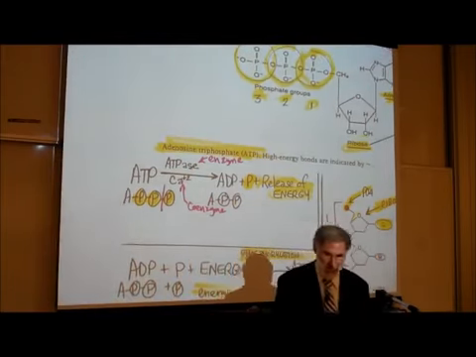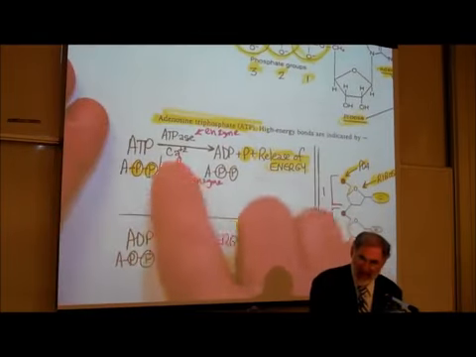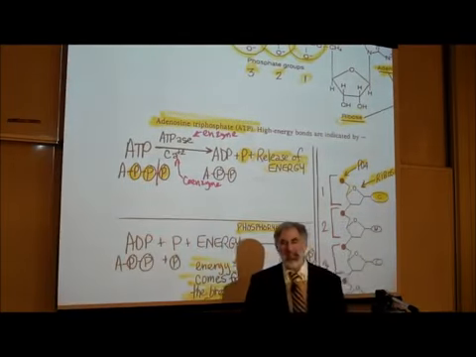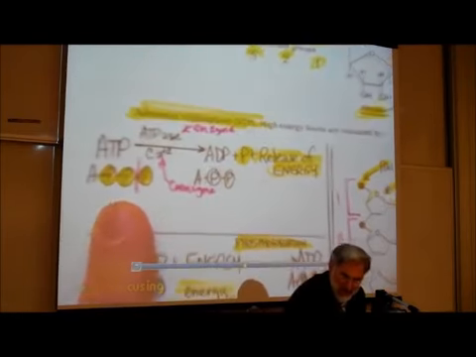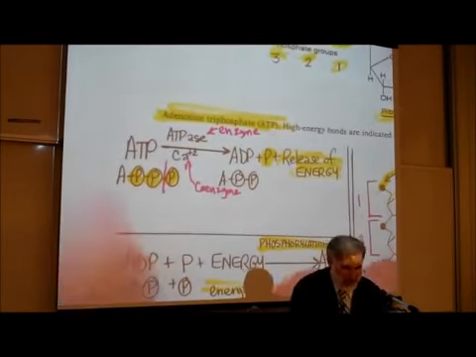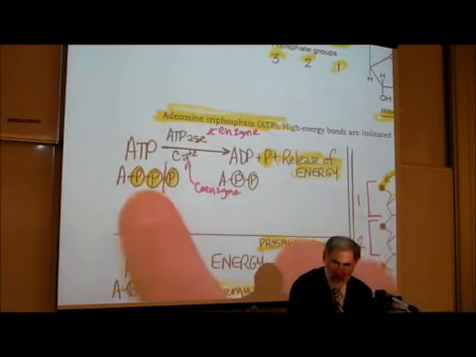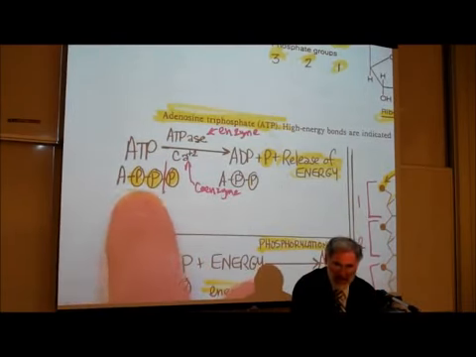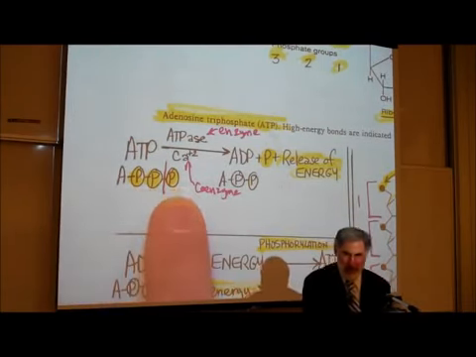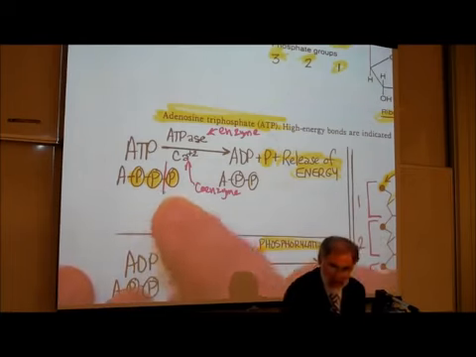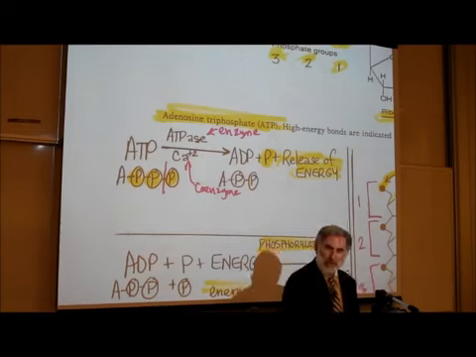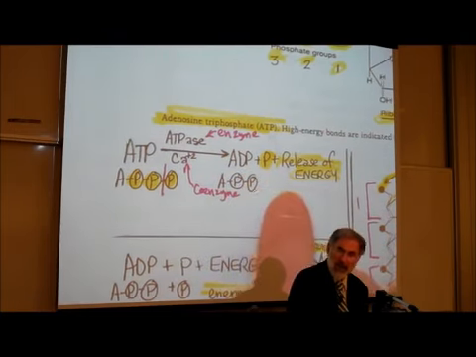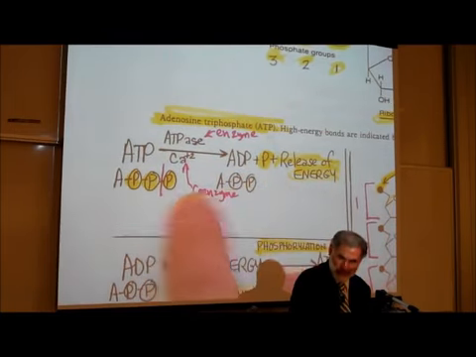That provides the energy. Now, how does this gasoline called ATP release its energy? If we represent the ATP molecule, the fact that it has 3 phosphates, by writing an A for adenosine and 3 phosphates in a row, if this 3rd phosphate is split off the molecule, it releases energy.